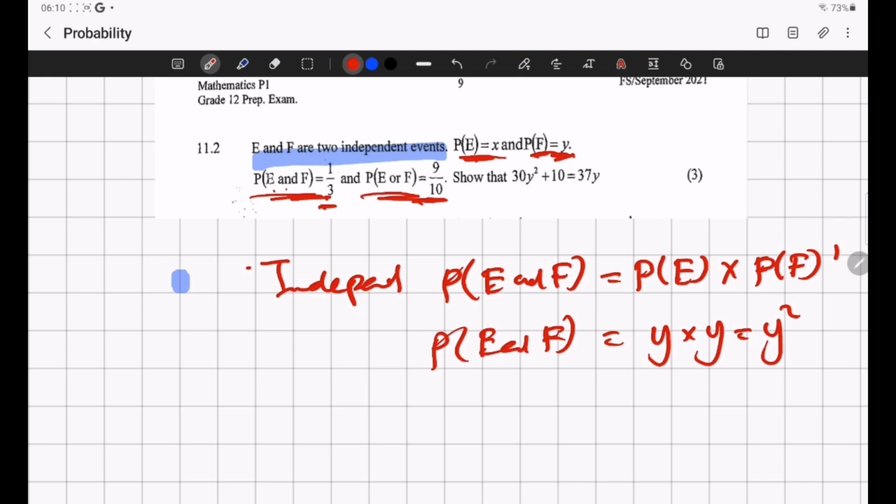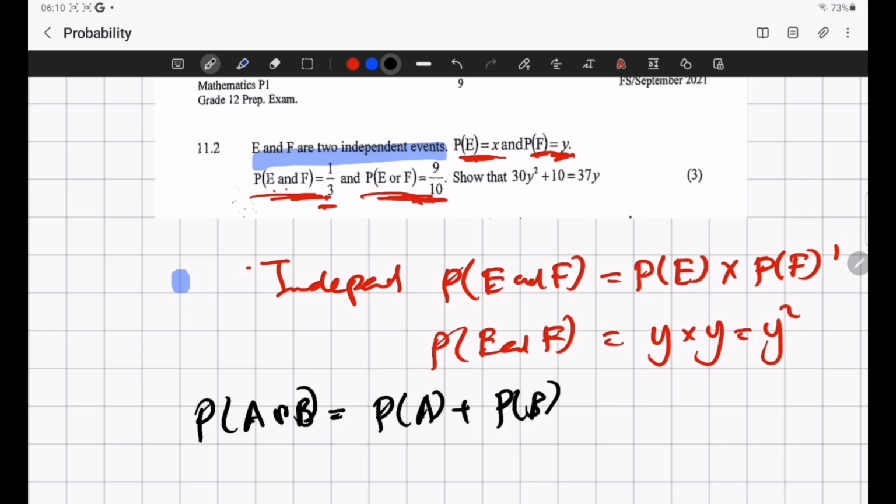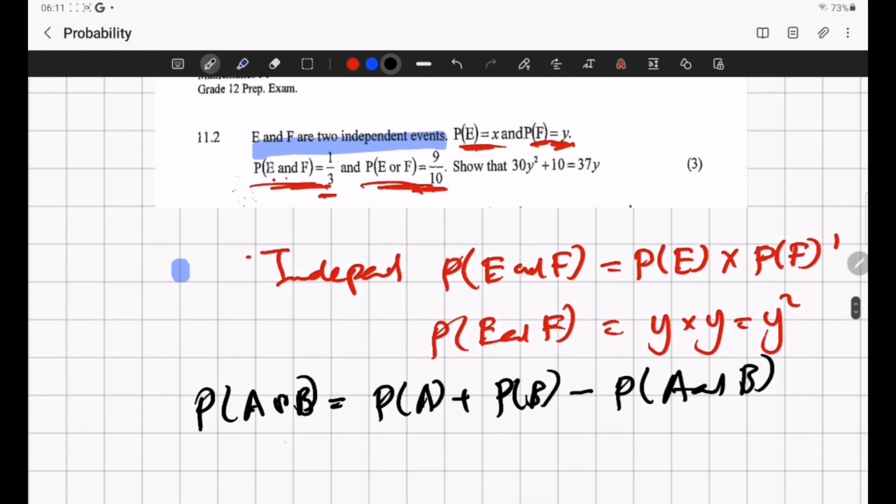Since we're given probability of E or F, that hints that you must use the probability addition rule formula. It says probability of A or B is equal to that. Probability of E or F would be 9/10.